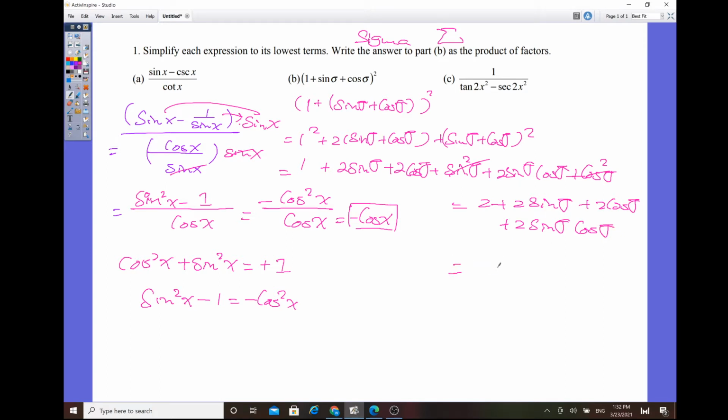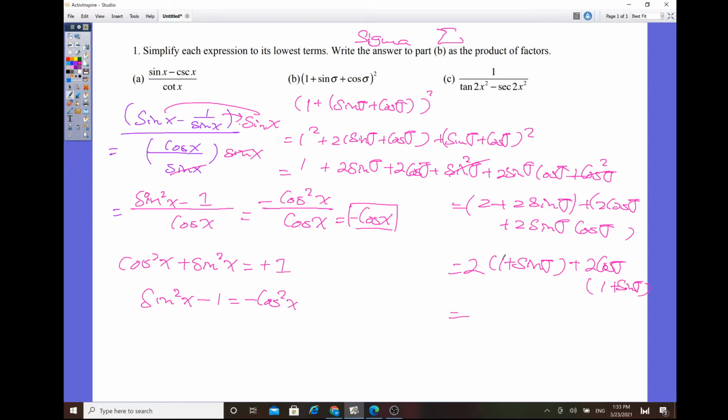Now you might be wondering what we can do next. Well, this one can be factored by grouping. Factor by grouping: take out the greatest common factor, so take out 2. So we have 1 plus sine of sigma. And then the second group here, take out 2 cosine of sigma, so we have 1 plus sine of sigma.